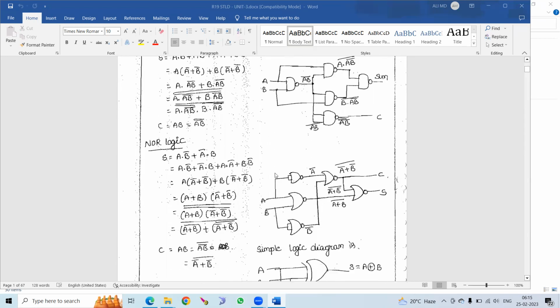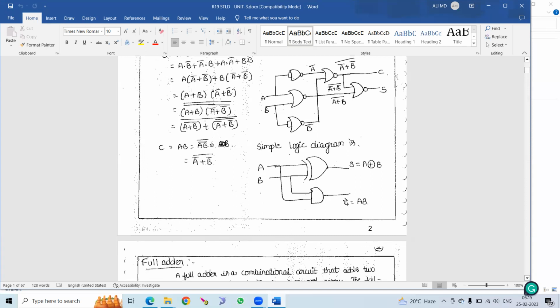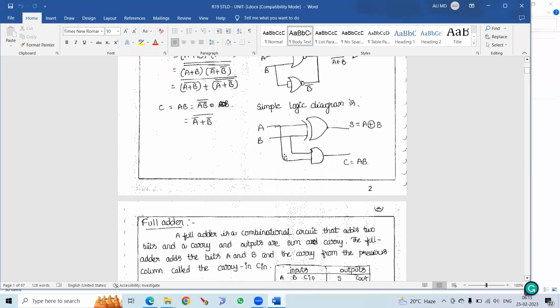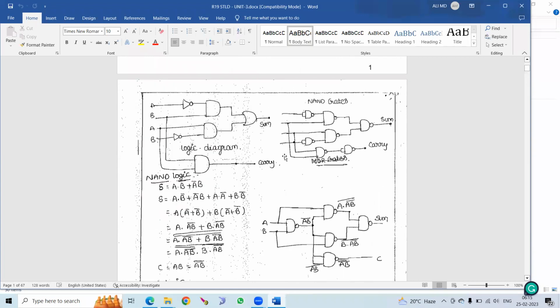So we need one XOR gate and one AND gate. For the sum using the XOR gate, A and B are inputs. Sum is equal to A XOR B, whereas carry is equal to A B. So this is the basic block diagram for the half adder.